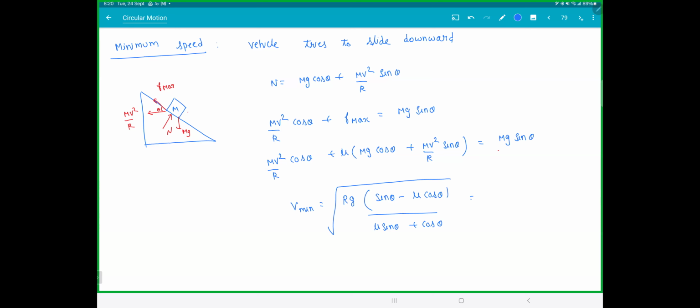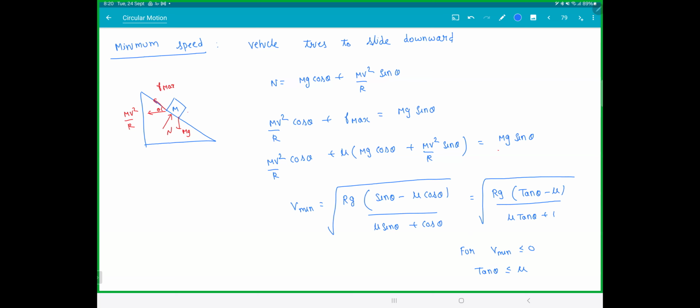Again, you can multiply with tan theta. You end up with Rg (tan theta minus mu). You get angle of repose. If you say V minimum is less than 0, so we get tan theta is less than mu. This is the condition for no slipping at 0 speed.